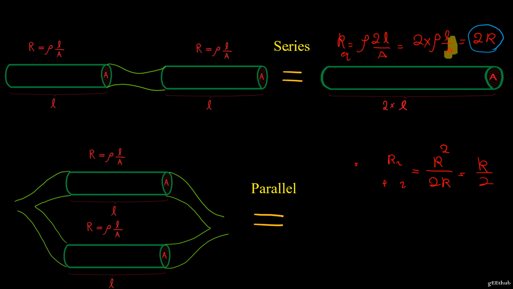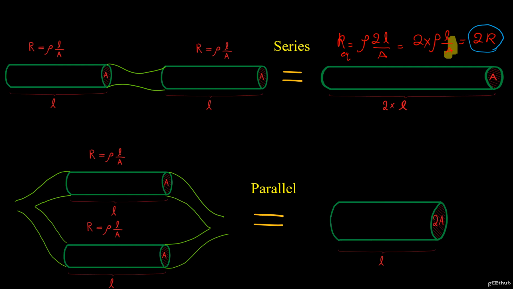Is it R over 2? If I connect these two resistors in parallel, this time I'm increasing their area instead of their length. So our equivalent resistance now is going to be rho L over 2A, which is equal to 1/2 rho L over A. So it is R over 2. It does stand here again.